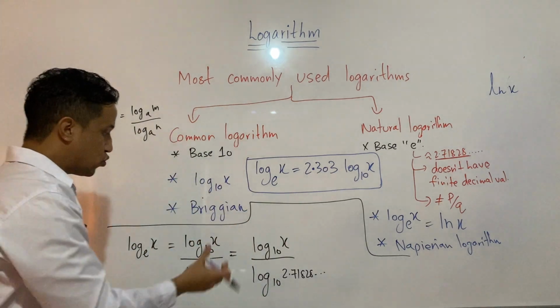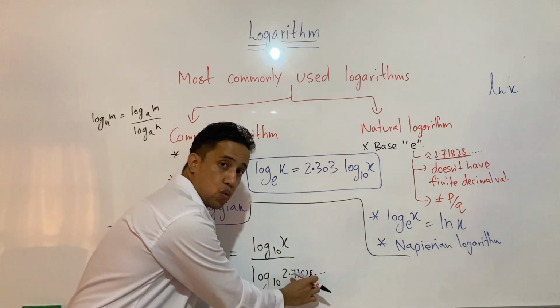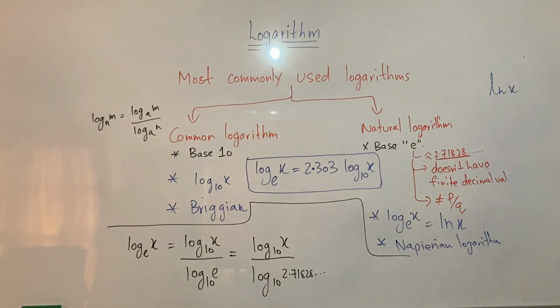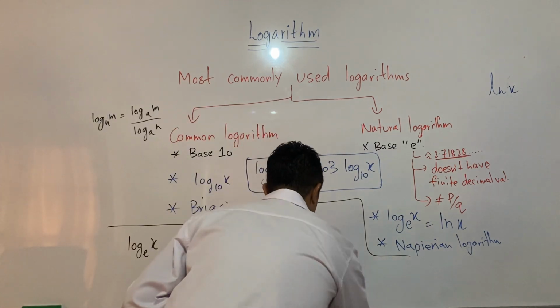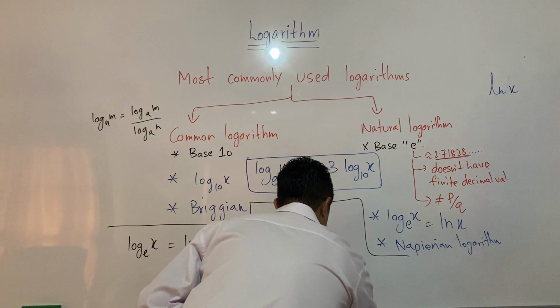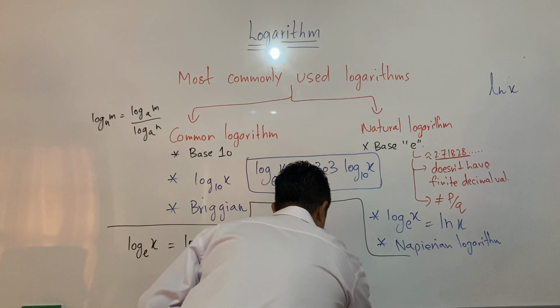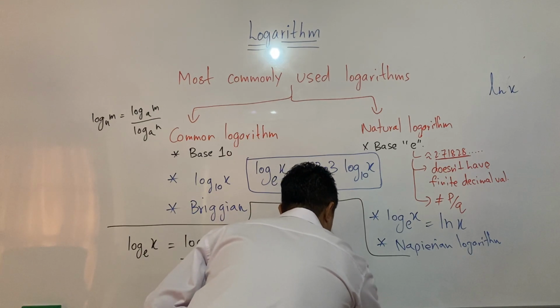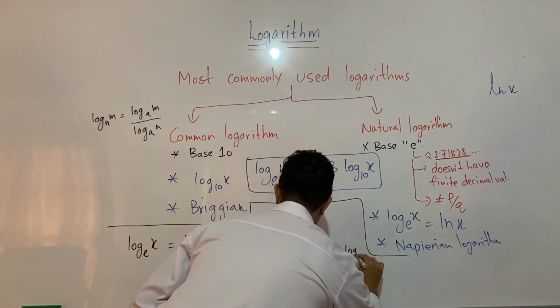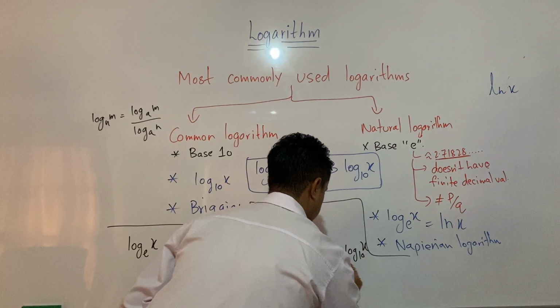Now you have to take the log of this value with respect to base 10, and if you do so, this value is going to be 1 over 0.4342, and here log of x to the base 10.